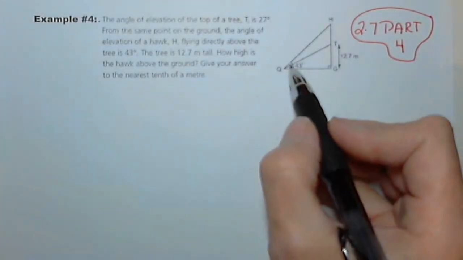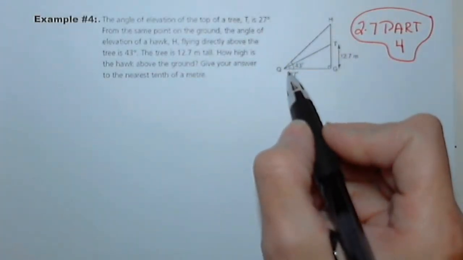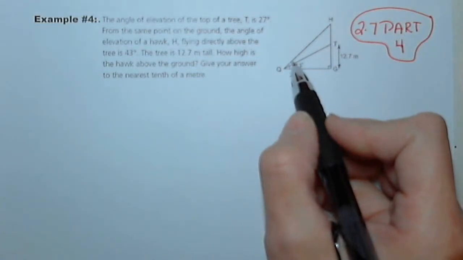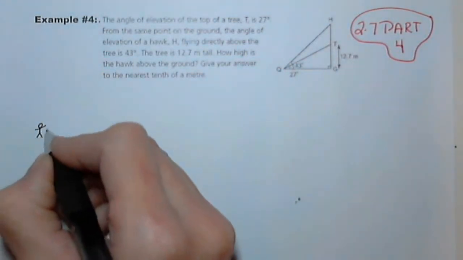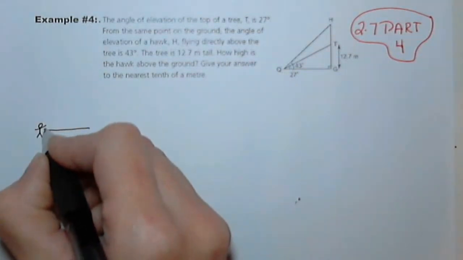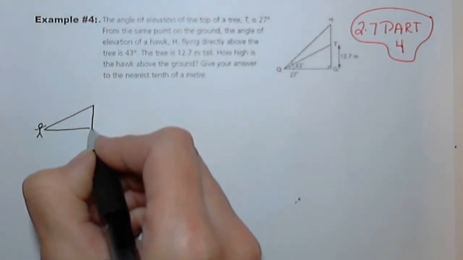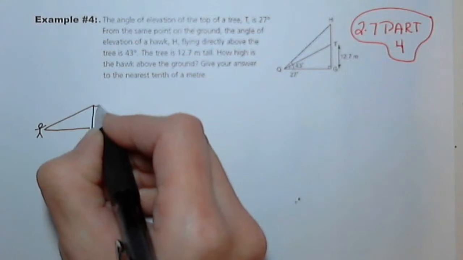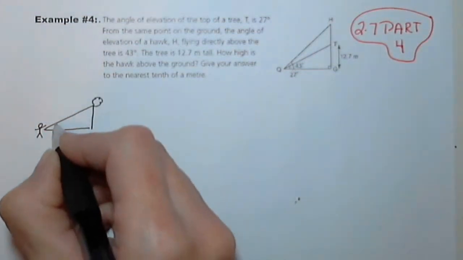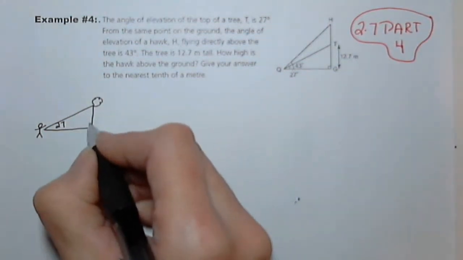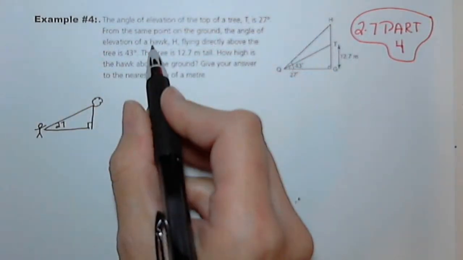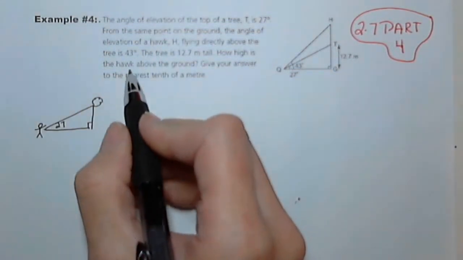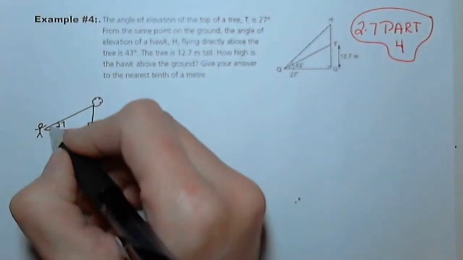So in this case here, it says the angle of elevation of the top of a tree is 27 degrees. So basically imagine you standing on the ground, and what it says is the angle of elevation to a tree, there's a tree, is 27 degrees. From the same point on the ground, the angle of elevation of a hawk flying directly above the tree is 43 degrees.